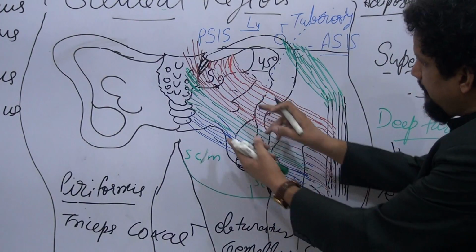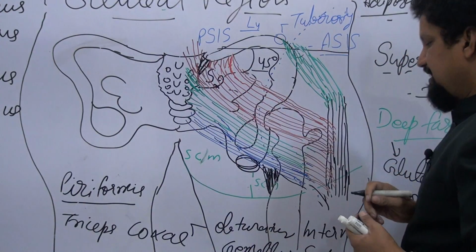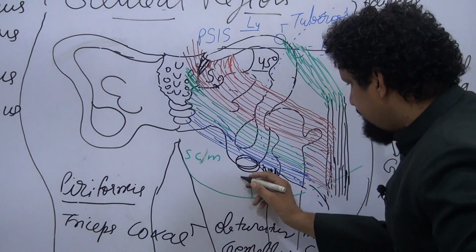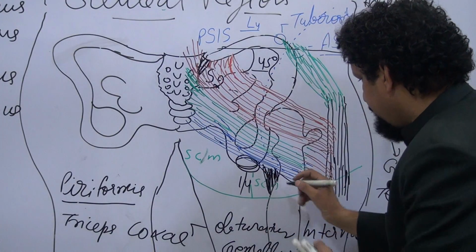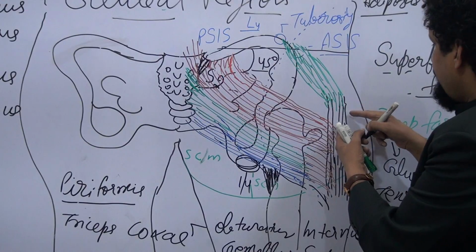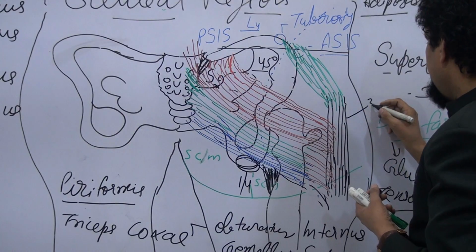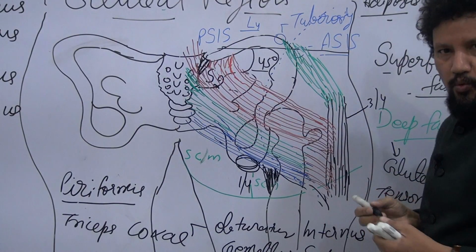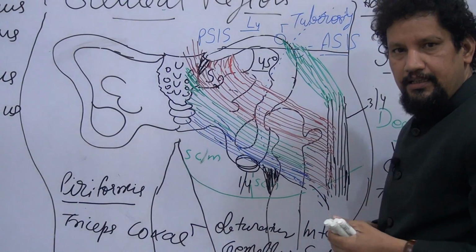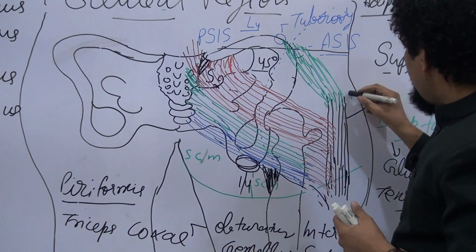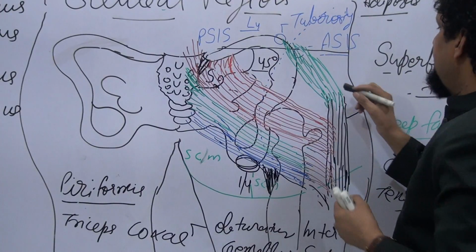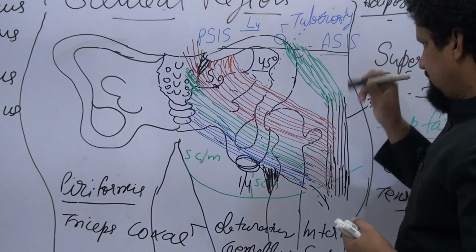These are the lower deep fibers of the muscle. So 1/4 of the fibers are inserting on the gluteal tuberosity and 3/4 of the fibers are inserting on the iliotibial tract. One more muscle which is inserting on the uppermost part of the iliotibial tract is the tensor fasciae latae muscle.